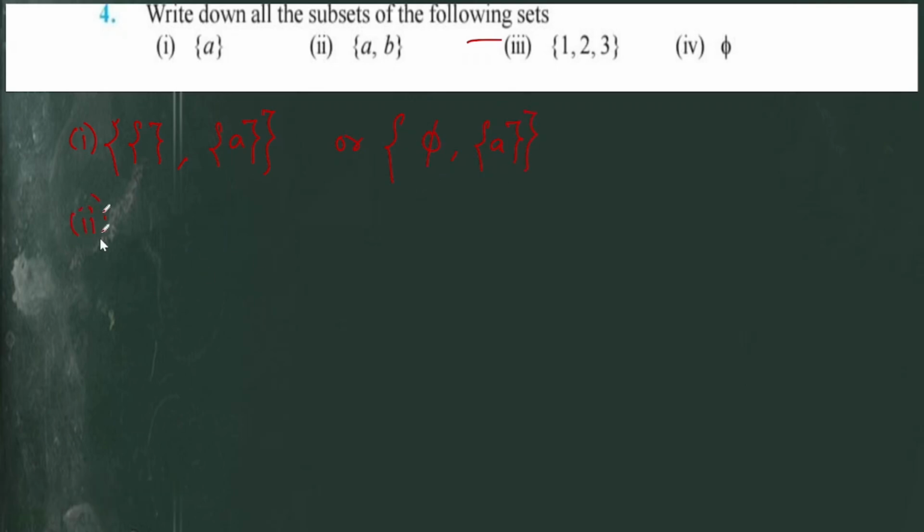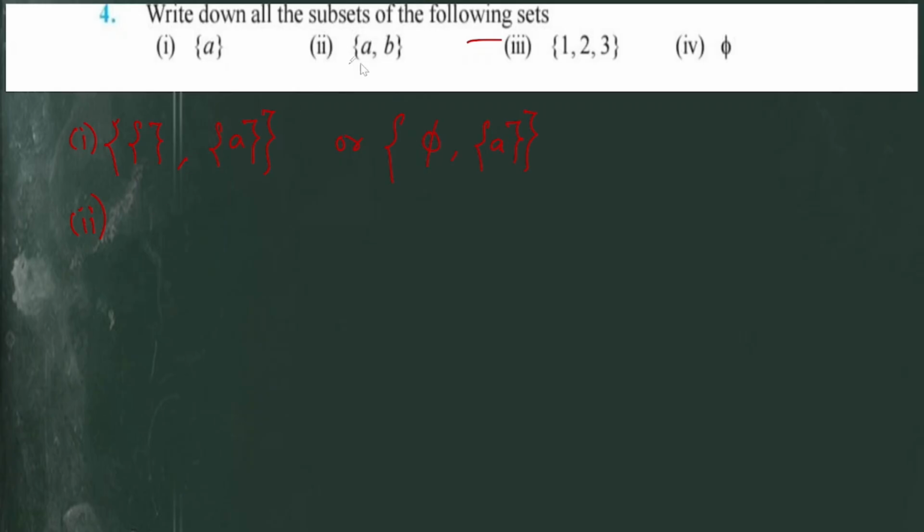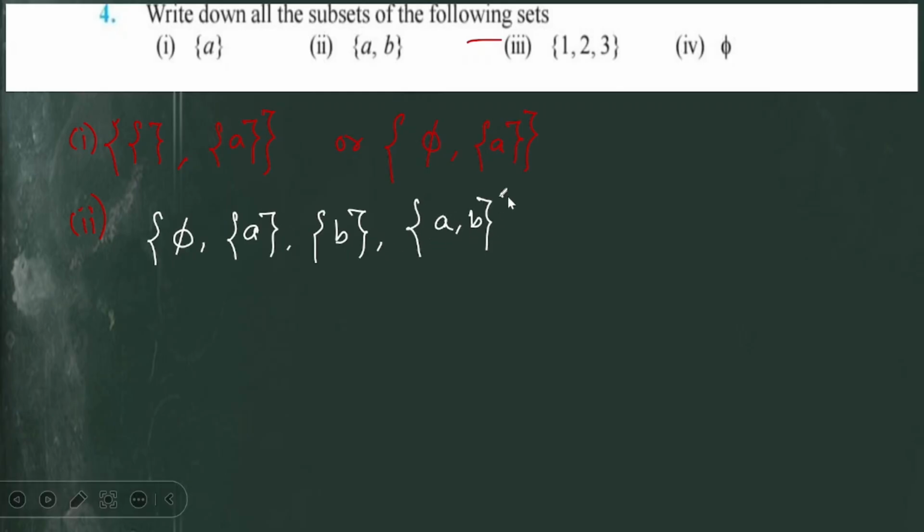Next, number 2. The given set is A comma B. We have to find the subsets. We will write phi comma singleton set A, singleton set B, and the set containing two elements, A comma B. So these are the subsets of this set.